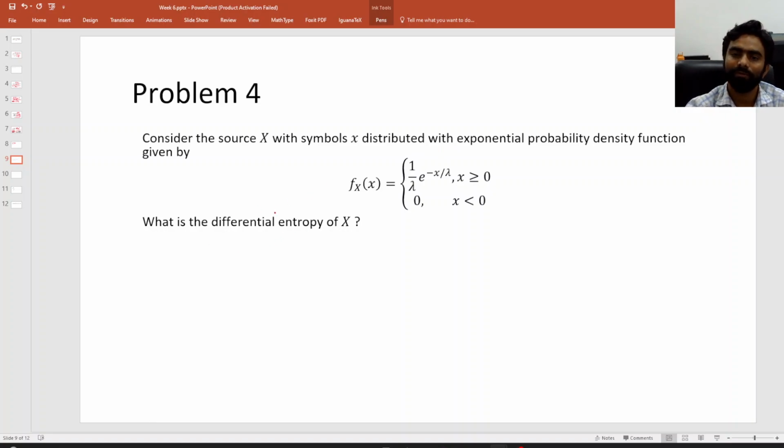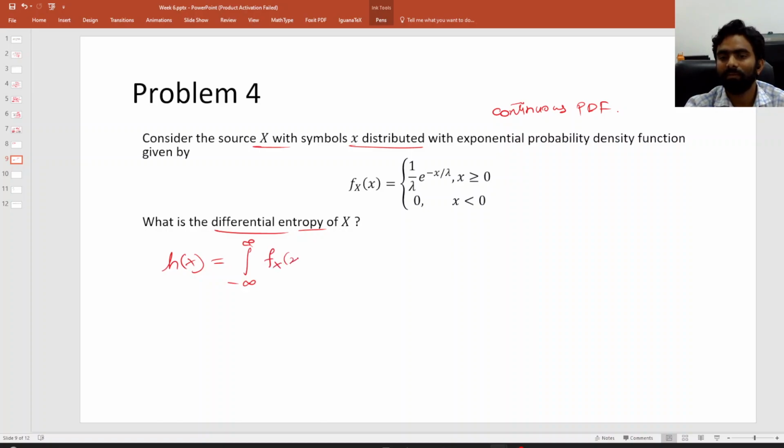If the random variable is discrete, then we will calculate the entropy, and if the source x is continuously distributed with the exponential probability, that is a continuous PDF, we will encounter the differential entropy, small h of x, which is nothing but, similarly we can write, the summation will be replaced by the integral, and the probabilities are replaced with the PDFs.